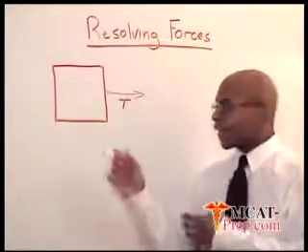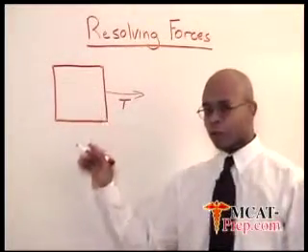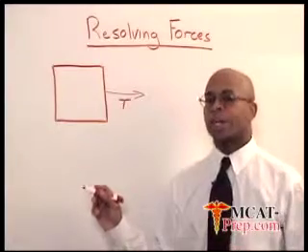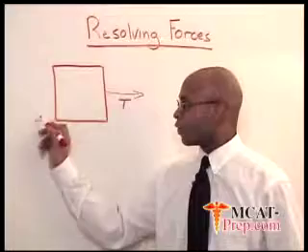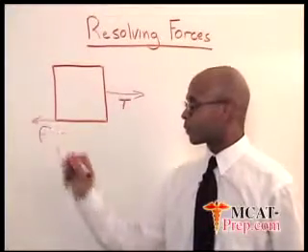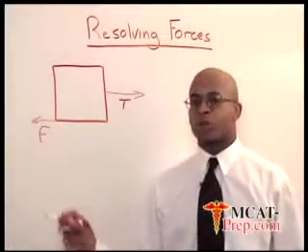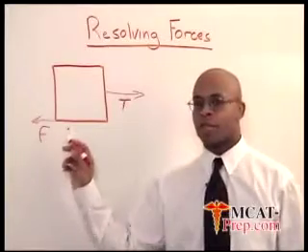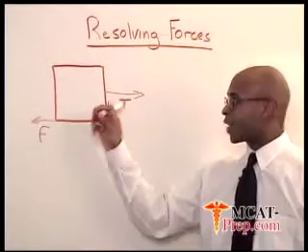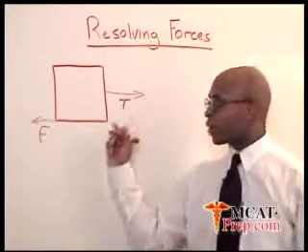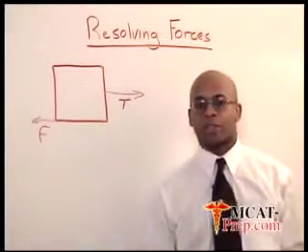Well, if this box is on a surface, we are now going to get a brand new force, and that is the force of friction. The force of friction is usually symbolized by a small case f. So as we are moving in this direction, there is a new force in the opposite direction.